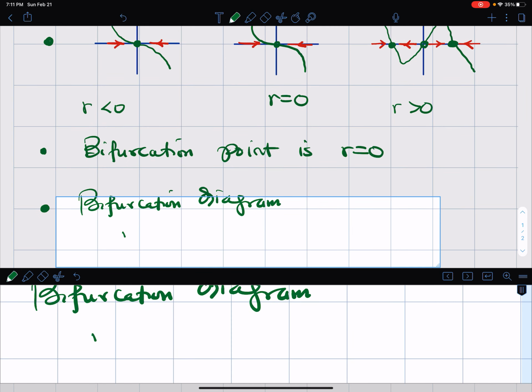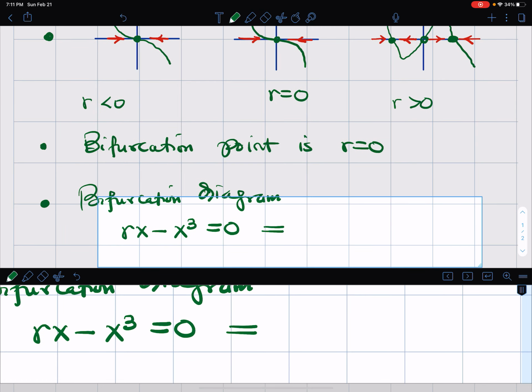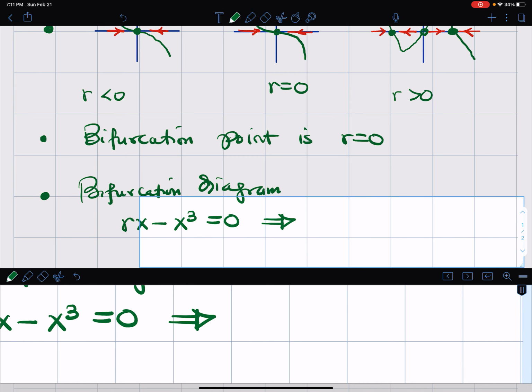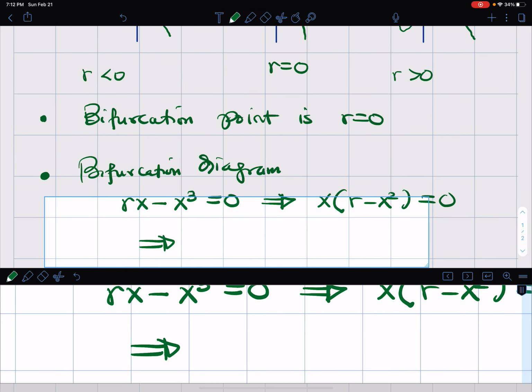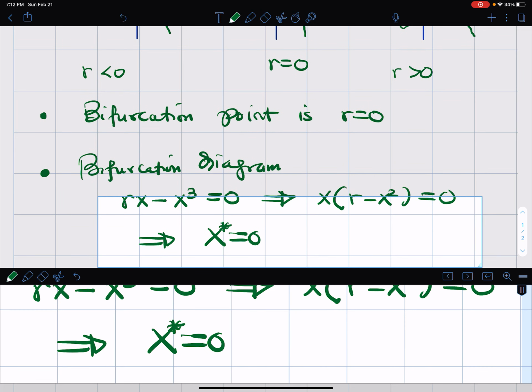The fixed point is found by setting the right-hand side equal to 0. If you do that, you end up with x times (r minus x squared) equal to 0, which gives x is equal to 0 as one fixed point, and the other fixed points are x is equal to plus or minus square root of r.